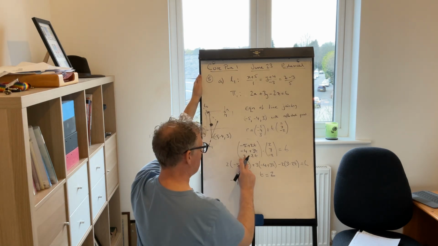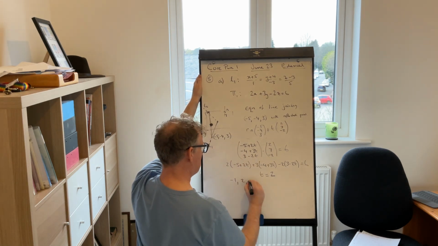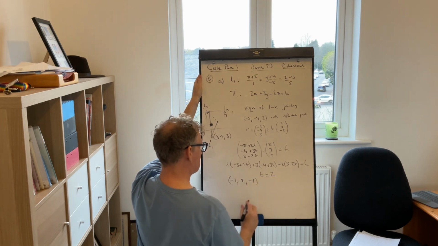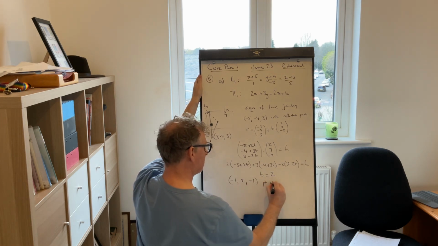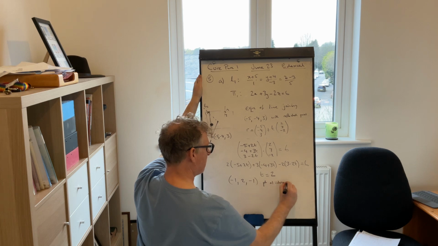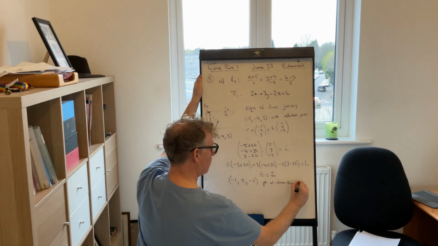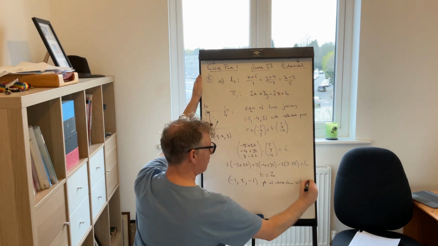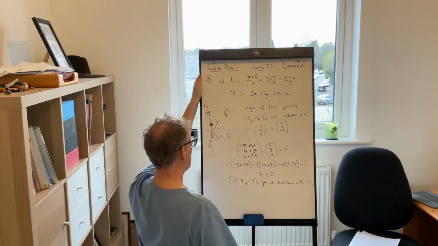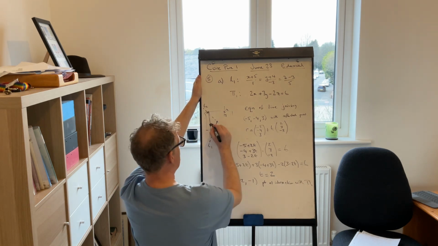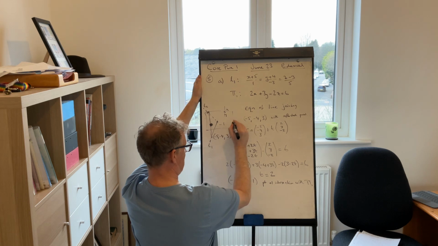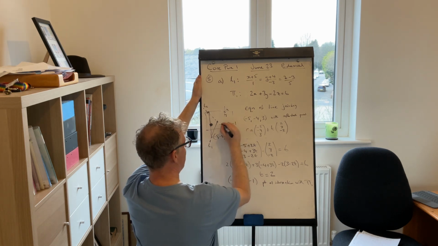And then 3 minus 2 times 2 gives me -1. So that's the point of intersection with the plane, good old pi 1. So now I know this point is (-1, 2, -1).